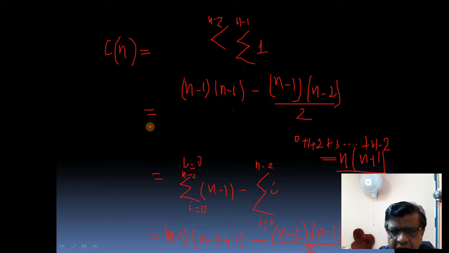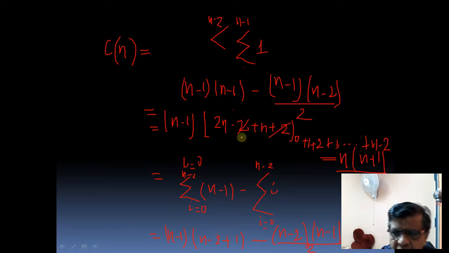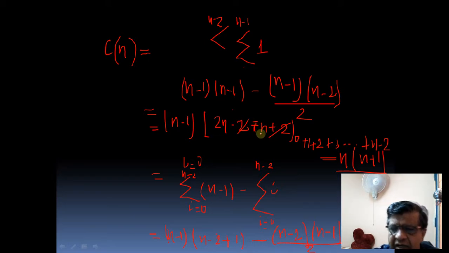If you take n-1 as the common factor, and 2 as the LCM, we get 2n-2 for this expression, and minus (n-2) will remain, because n-1 is taken as a common factor, so it becomes plus n plus 2. The 2 will get cancelled, and 2n minus n, it is n.